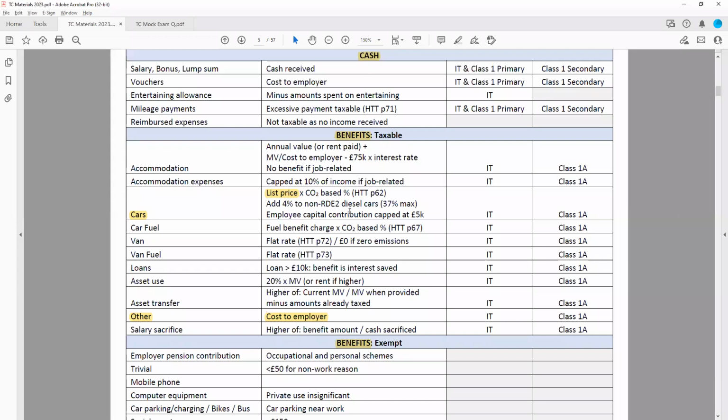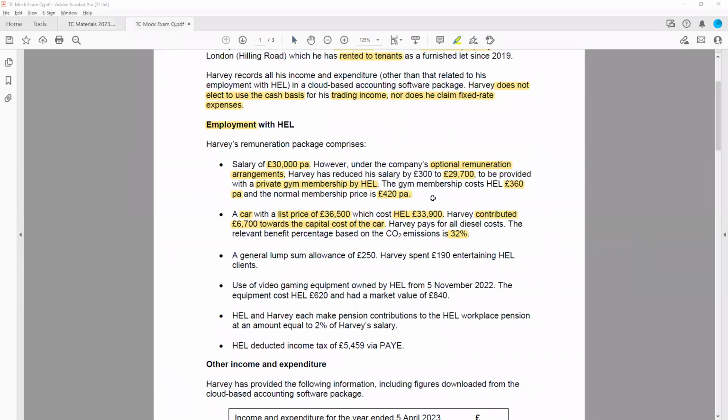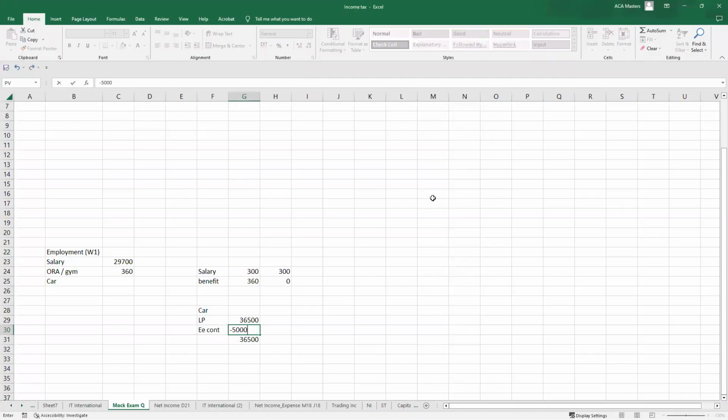Now with a car, however, there's a very particular rule that the employee capital contribution is capped at 5K. It's not too tricky to remember, I think, once you've seen it once or twice, but it is quite a particular rule. So that's definitely something to look out for. So we've got the employee contribution, which would reduce the list price there.